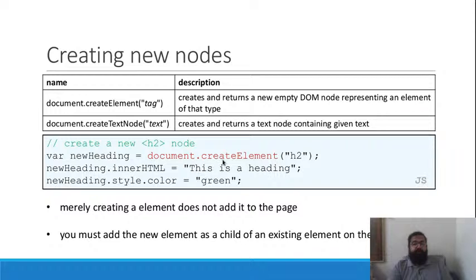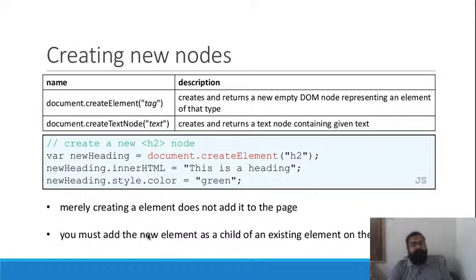So document.createElement h2 creates a new h2 node, and then you can use newHeading.innerHTML equals 'This is a heading', and newHeading.style.color equals green. Definitely you should try and put it with the ID, right? That's what we have learned earlier also. So except the last line, I say that this is a good way to go ahead with.